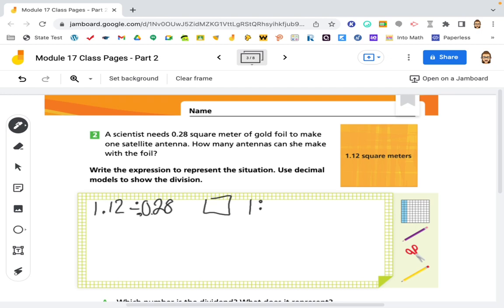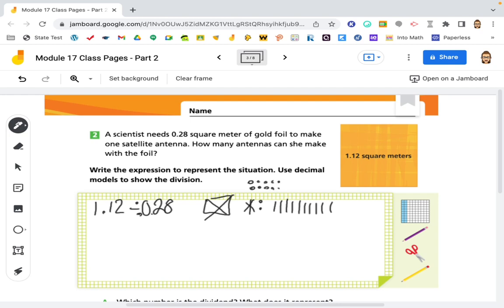Then we're going to look at, okay, we need to split this up into 10. So 1, 2, 3, 4, 5, 6, 7, 8, 9, 10. Okay, so we need 2,800ths. So we're going to need more hundredths than just this. So I'm going to split this one up to start. 1, 2, 3, 4, 5, 6, 7, 8, 9, 10.